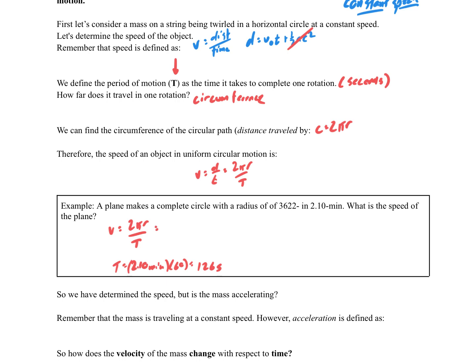So I'll just plug everything in: 2 pi, your radius is 3622, and then your time is 126, to get about 180 meters per second. That's how fast that plane was moving in that big circle. So that's how you do most of those questions.